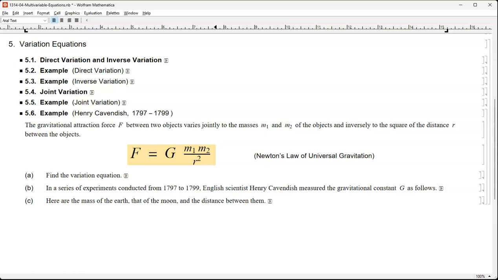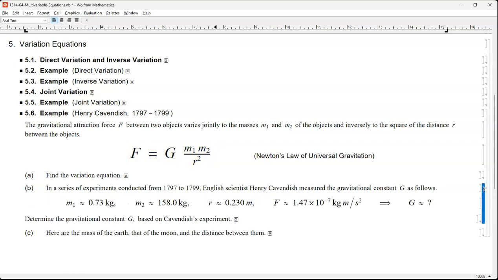And then from here, what this gentleman, Henry Cavendish, did between 1797 and 1799 was take measurements for the appropriate masses m1, m2, and r, and F, so that he calculated G like this.